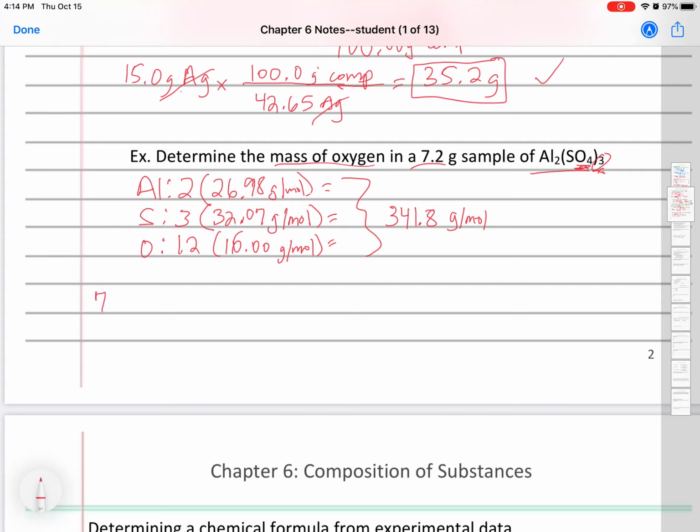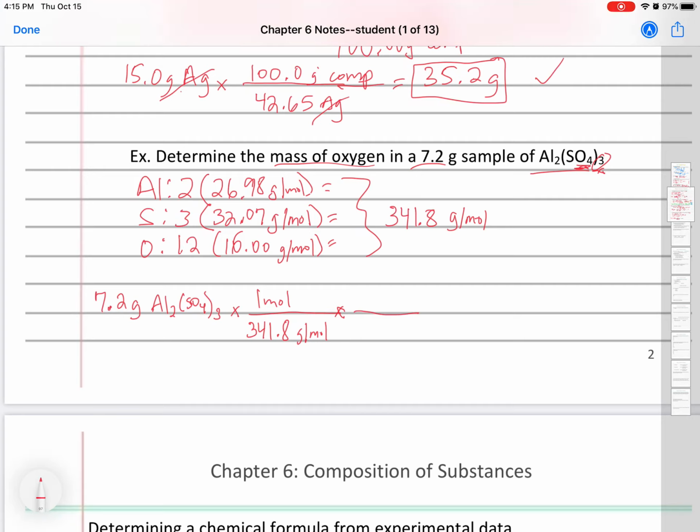So we can do this as a unit conversion problem. We have 7.2 grams of aluminum sulfate. And that means that we can go to moles. So 1 mole of aluminum sulfate is 341.8 grams.